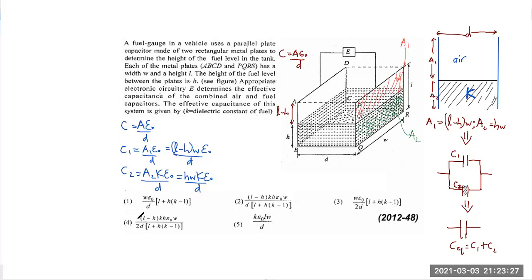Okay, let's wrap it up. C equivalent is equal to C1 plus C2, as we have found out. C1 is (L minus H) W epsilon naught divided by D, plus C2 is H W K epsilon naught divided by D. So I think you can take W epsilon naught over D out, because W epsilon naught over D is common.